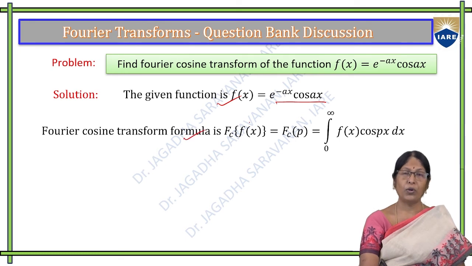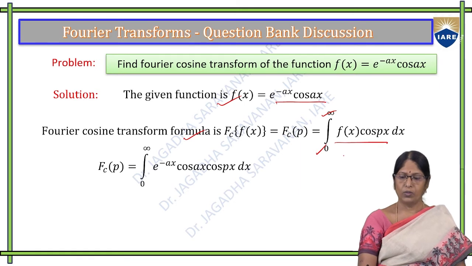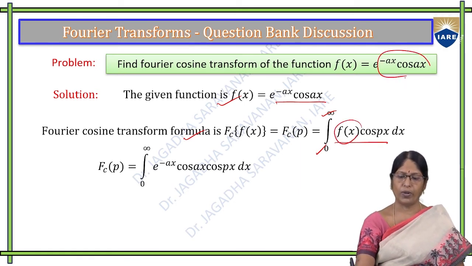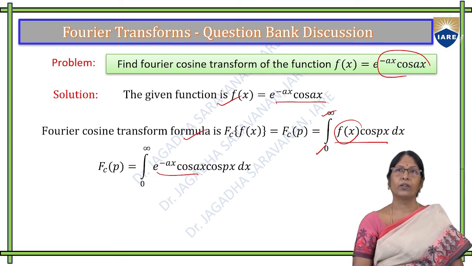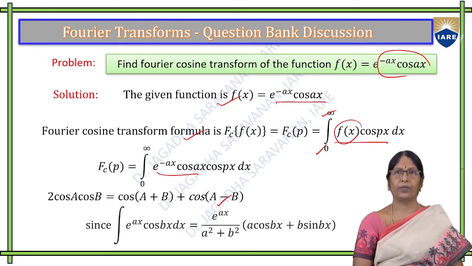So we recalled the formula, that is the Fourier cosine, where we have taken the integral from 0 to infinity of f of x cos bx dx. This f of x is nothing but our equation written here. So cos bx dx. The trigonometric formula we are recollecting.